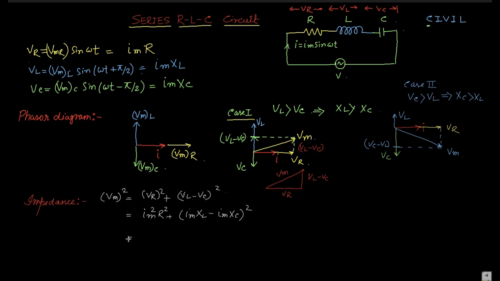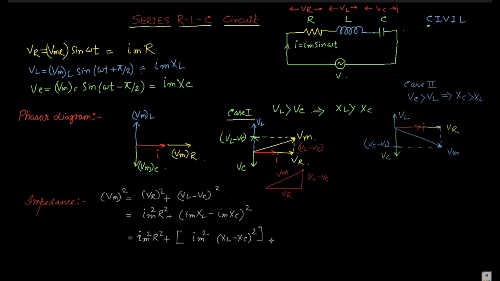So this is Im square R square plus, you can take Im square common. Then it becomes XL minus XC whole square.